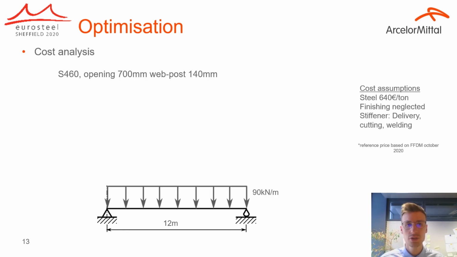Concerning optimization, we will see a couple of examples to assess the interest of such a stiffener in the design of the beam. For this example, we have a 12-meter S460 beam, the targeted bearing capacity is 90 kilonewton per meter, and the opening dimension and the web post width are fixed.